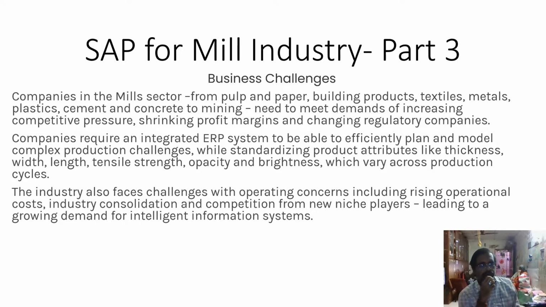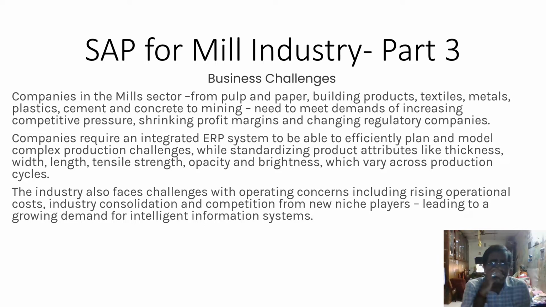Or for example, plastic material should be more tensile, strong and sometimes rigid, and the metal sheet should be this much length and this much width. Based on the requirement they give the dimensions, and based on that the industry has to prepare the required material, whether it is metal, plastic, or concrete, up to entire mining. So mill industry to mining industry.